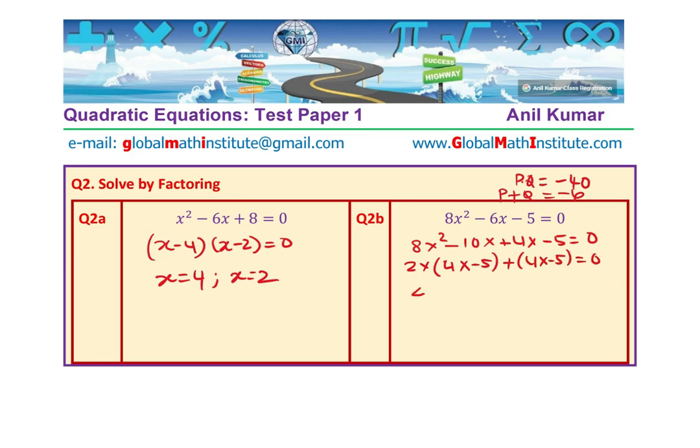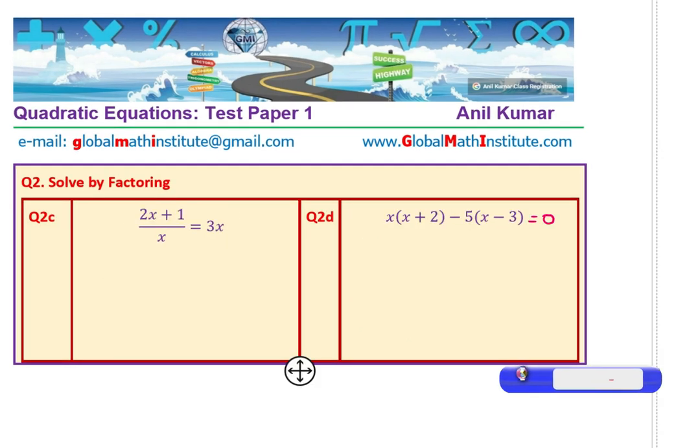So 4x minus 5 being common factor, leaving us with 2x plus 1 equals 0. And therefore, x equals 5 by 4 or x equals minus half is our solution after factoring. Does it make sense to you? Perfect. So we've done question number 2, A and B part.